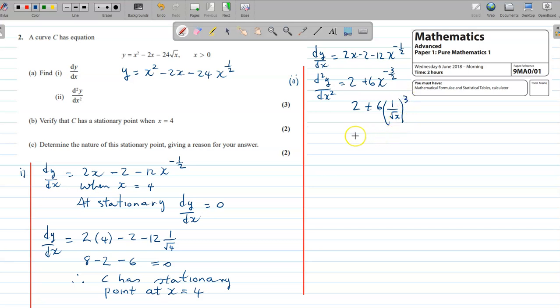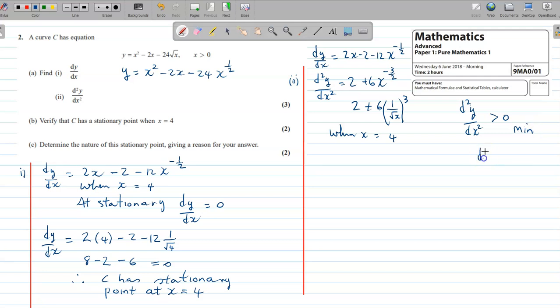Okay, so when x equals 4, when we input the value of x in here, whatever value we get for the second derivative, if it's greater than 0, it's a minimum value.